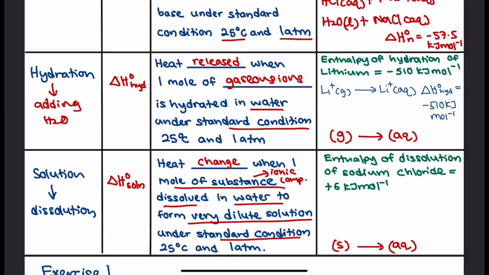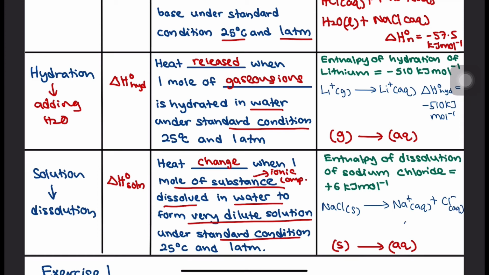Now let's write a thermochemical equation for the dissolution of sodium chloride. It would be sodium chloride solid. Once dissolved in water, it would form ions, which is Na+ aqueous and Cl- aqueous.